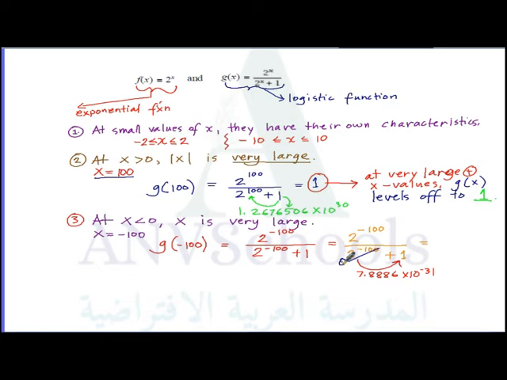So now we will have 2 raised to negative 100 over 1, and thus it will behave like 2 raised to negative 100. In this case, our g of x will tend to behave like 2 raised to x.